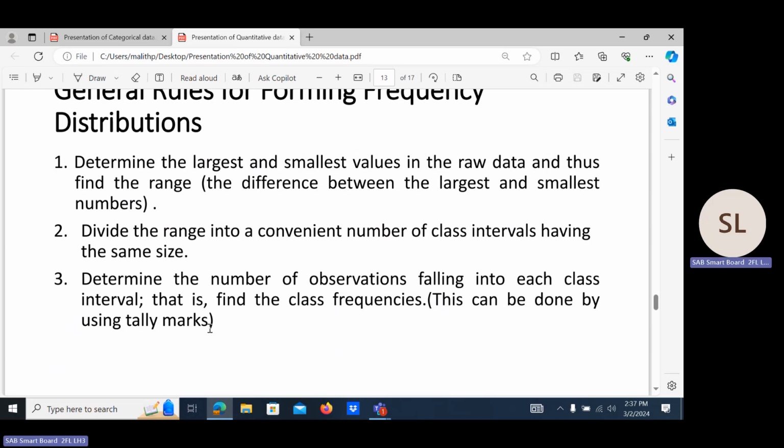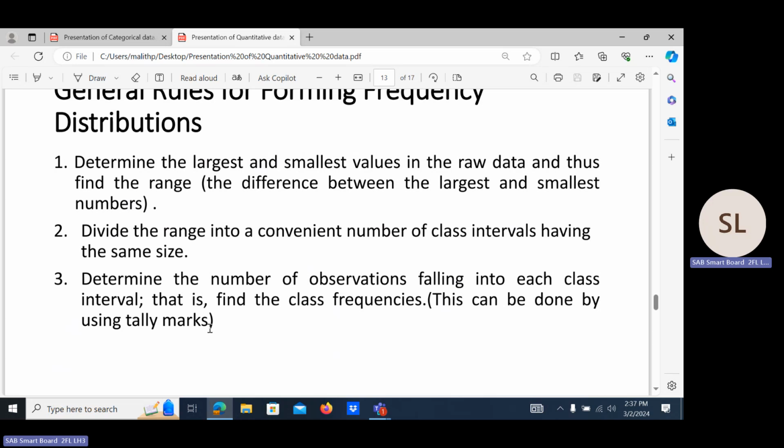In the same example, the range is 20. Clear? Then we move into the second one.